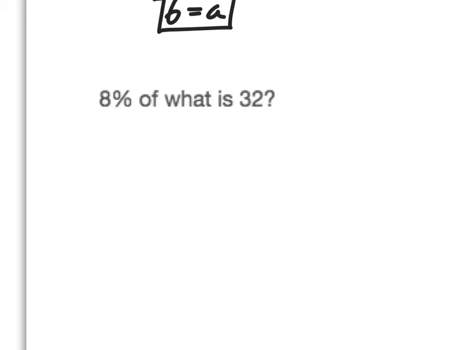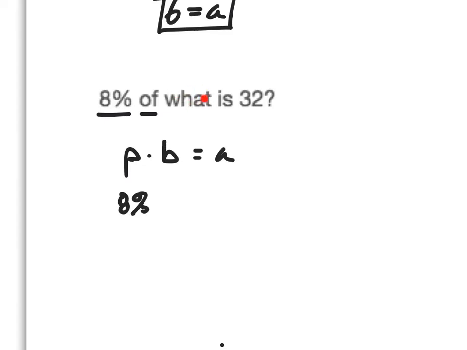Let's take a look at another one. This says 8% of what is 32. So again, I'm going to continue to write down P times B is equal to A. When I read this, this 8% here is my percent, my P. So I'm going to put 8%, and it says of, which means that we're going to do multiplication of what? So 8% of what translates to P times B, because we don't know what B is.